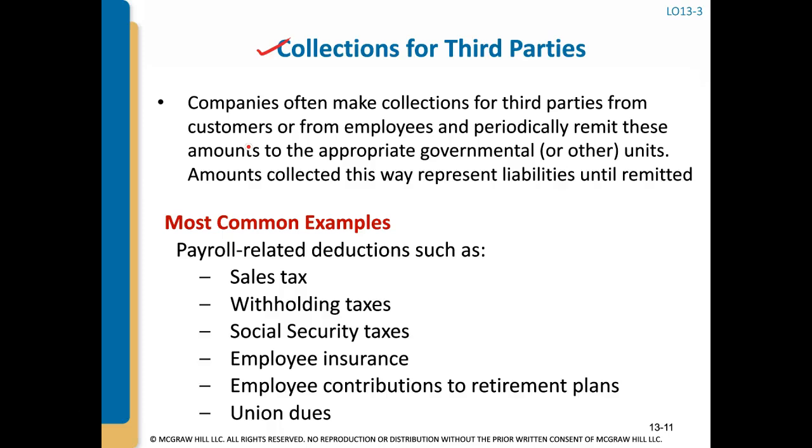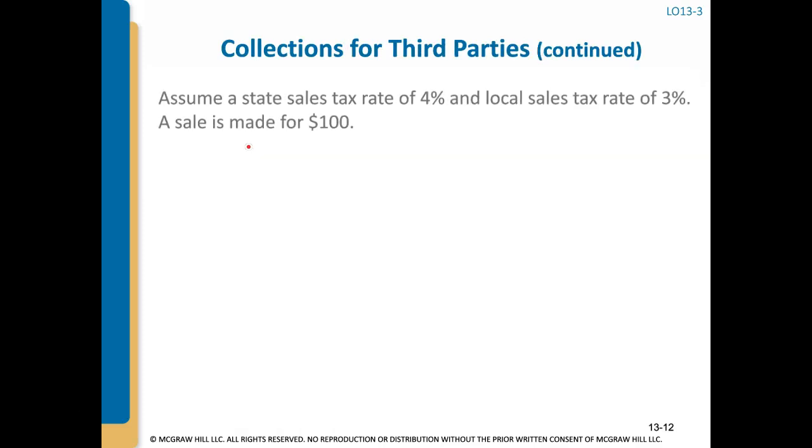That's because your employer has withheld that income tax, and they owe that money to the IRS. They don't get to keep that, so they have to remit it to the IRS and they record a liability for that. That's what collections for third parties means.